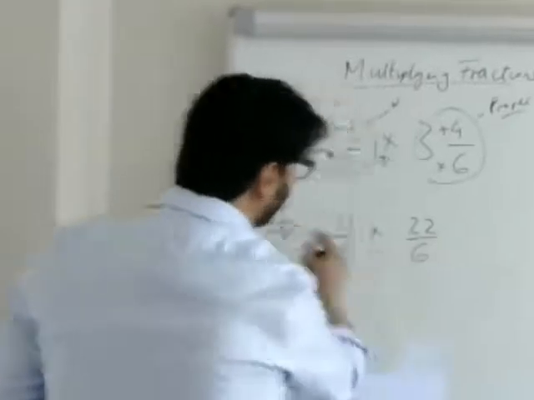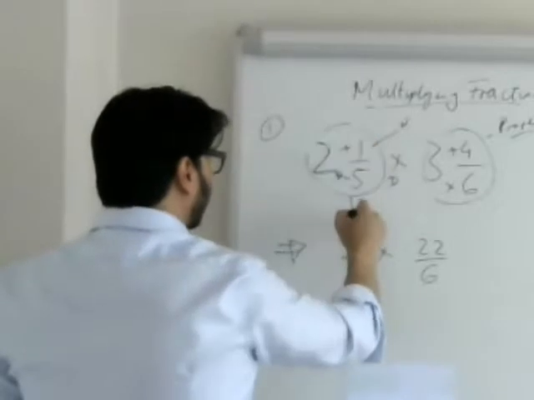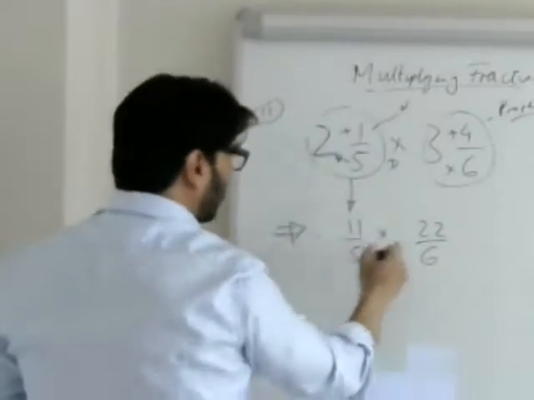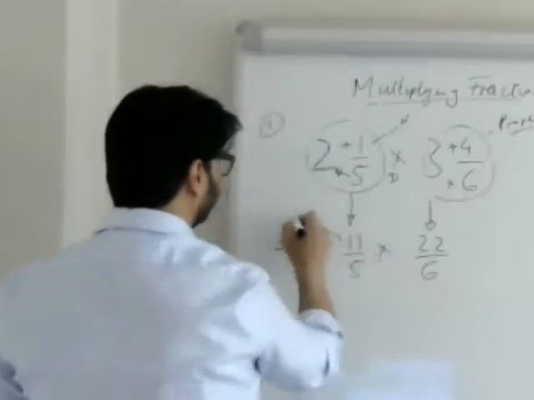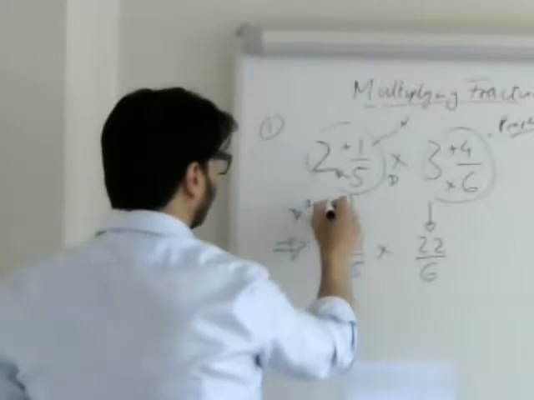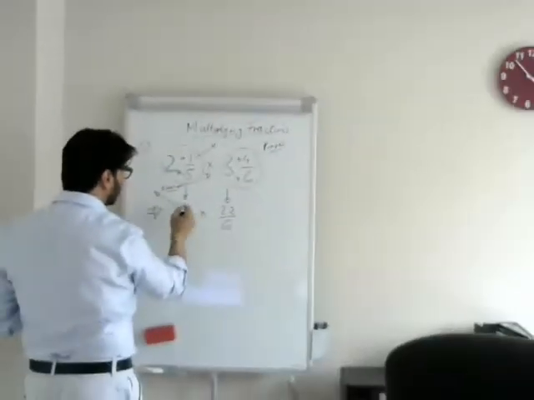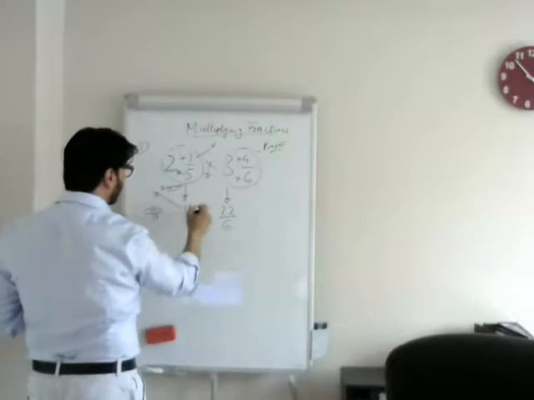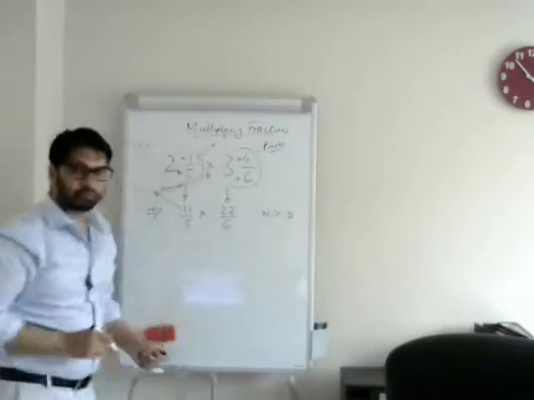Okay, now you've brought the mixed numbers down into improper fractions, okay? The reason I call this improper is because we see that the numerator is greater than the denominator.